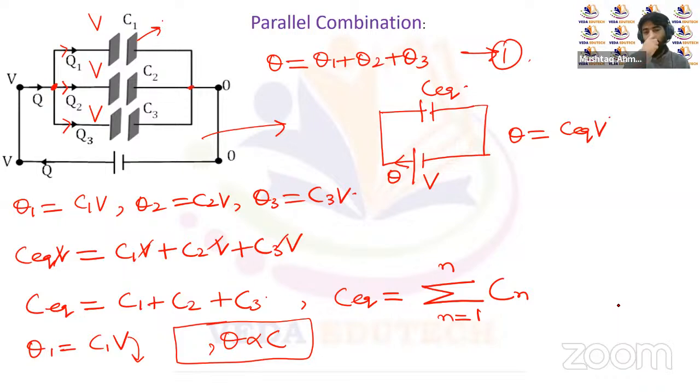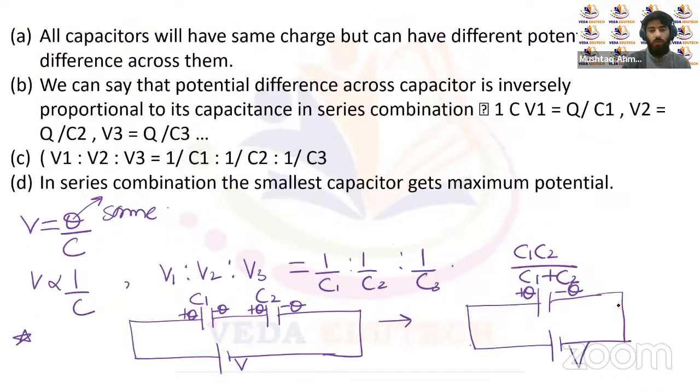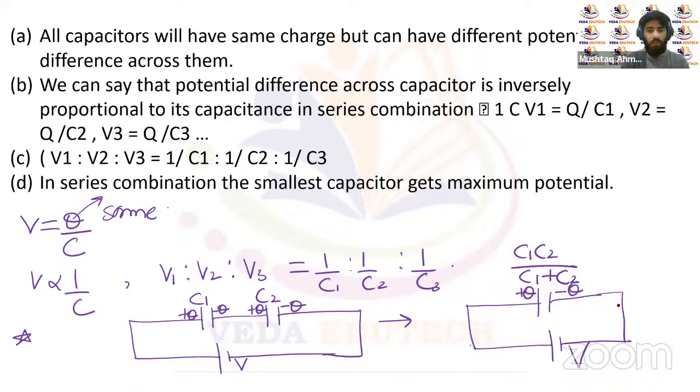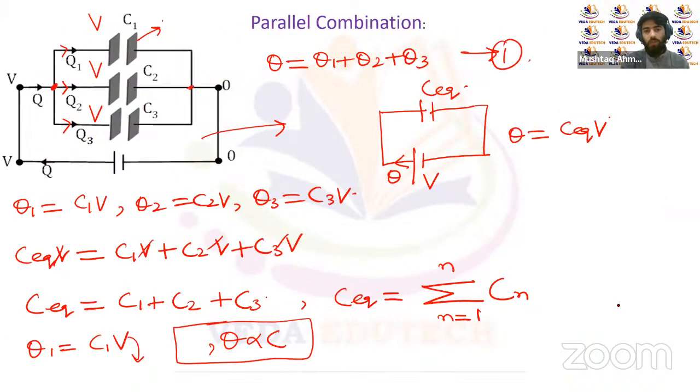In case of series capacitors, the reciprocal of the equivalent capacitance is equal to the sum of the reciprocals of each capacitance, right? And in case of parallel combination, the equivalent capacitance is the normal sum of the capacitances of each capacitor, that's C1 plus C2 plus C3 and so on, right?